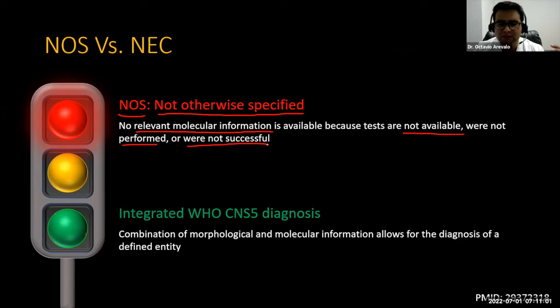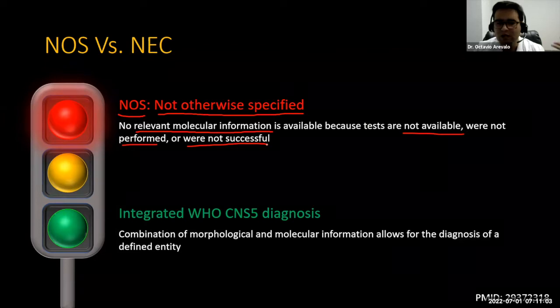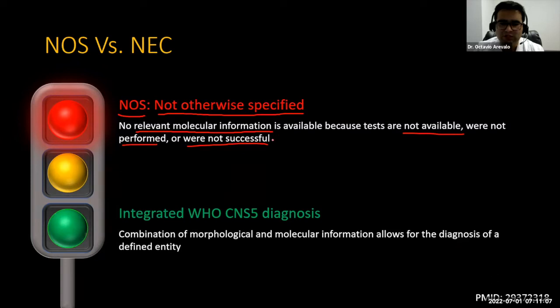You have the tissue, but you don't have the immunohistochemistry, next generation sequencing, and all these fancy tools in your hospital. So this is what your neuropathologist is going to give you in the pathology report. When you see this NOS, now you know that this is a tumor diagnosis based on the histology only, because these other tests are not available.